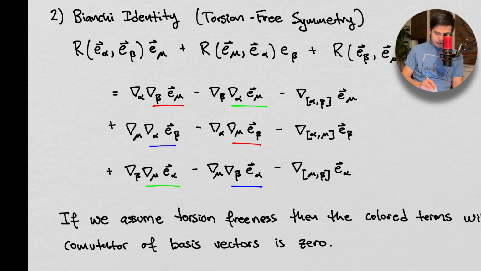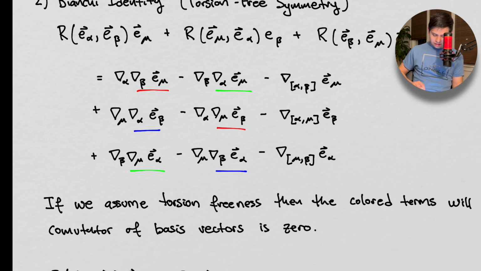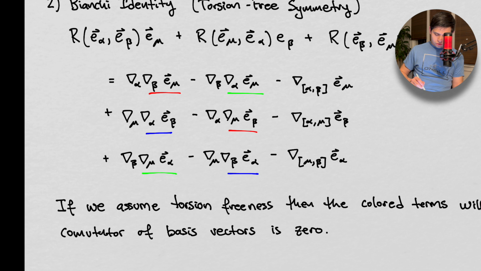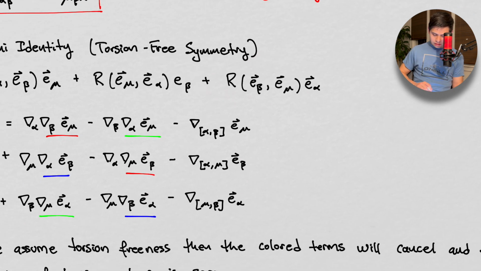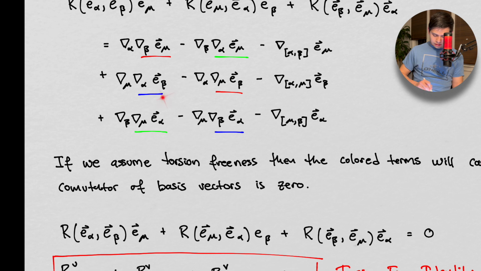But just keep in mind that alpha beta, that was a bad alpha, is equal to that. But anyways, so this guy is right here, this guy is right here, and then this guy is right here.